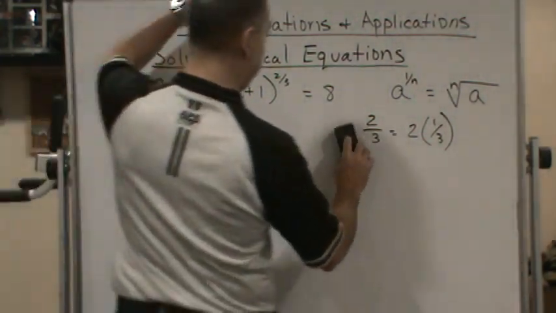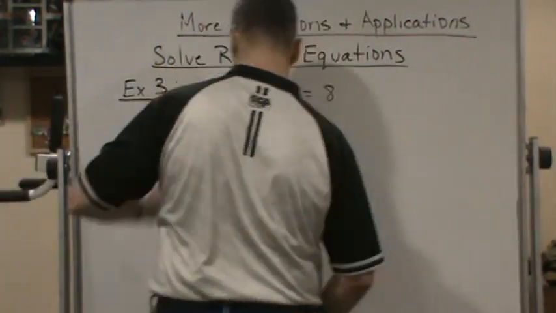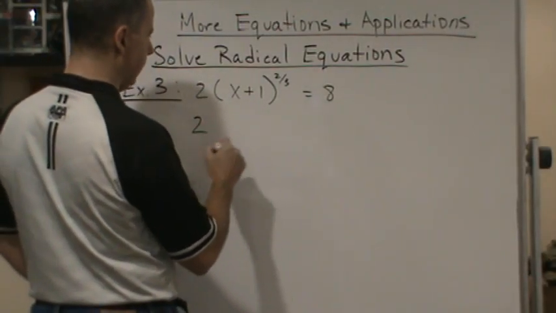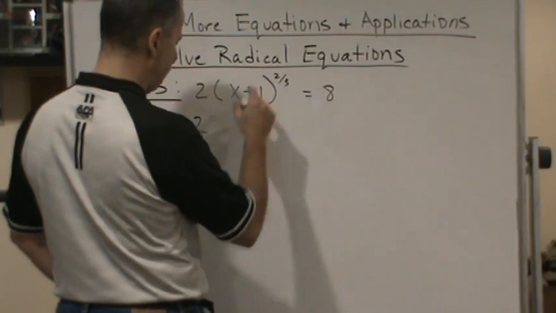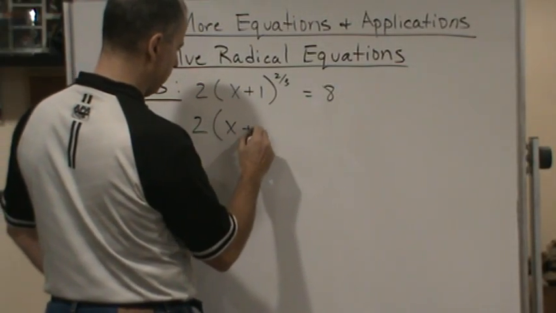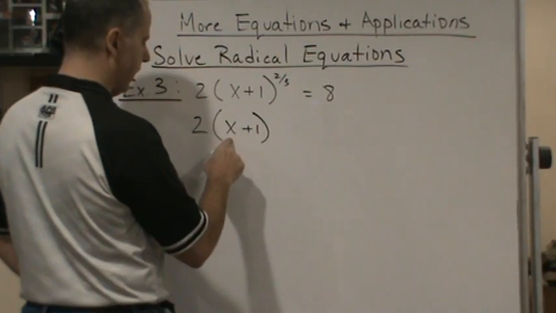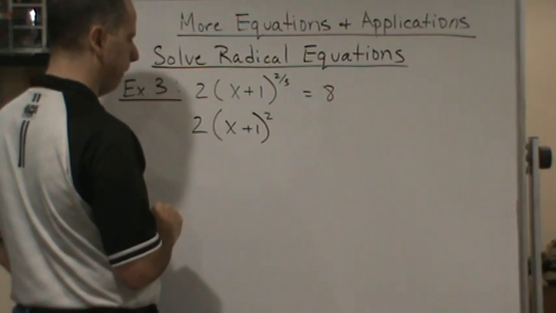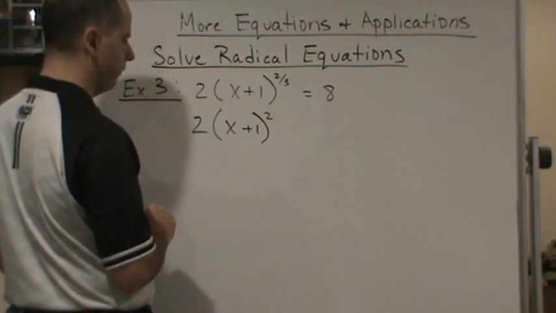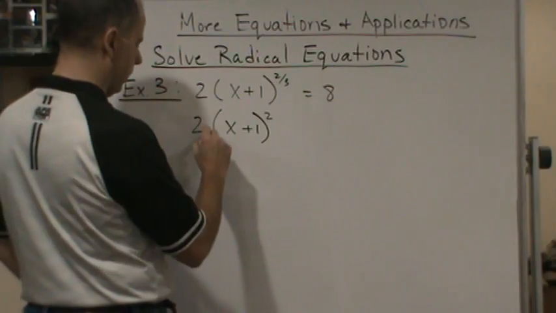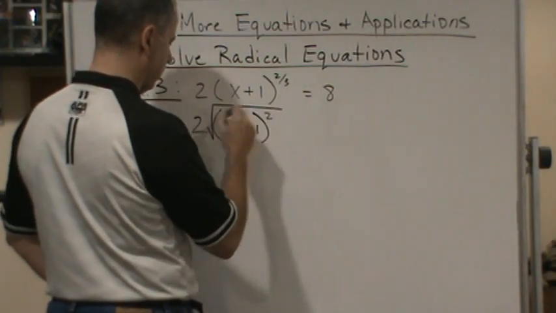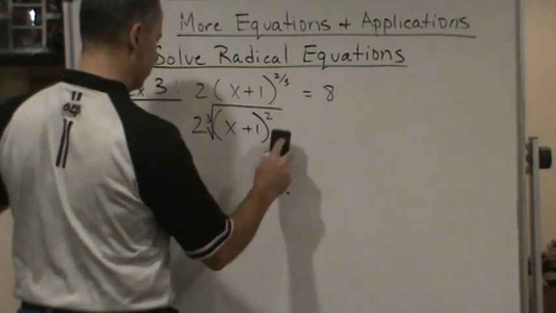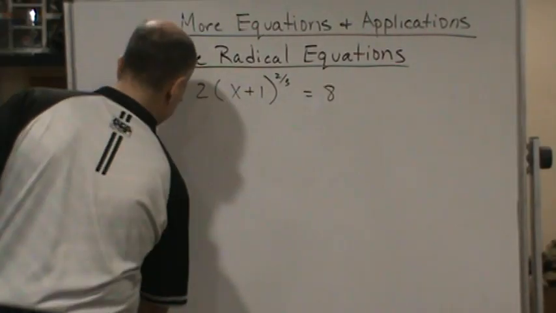Okay, so let's do this. Let's rewrite this as 2, and I'm going to write this as x plus 1 squared. Let me do one more step in there.